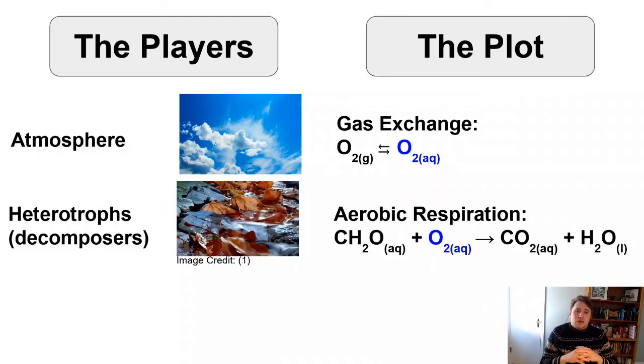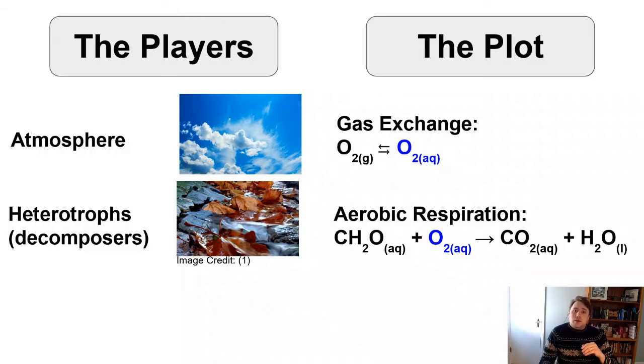The second player that we're going to consider is heterotrophic microbes, or decomposers. And decomposers perform aerobic respiration, as we've covered before, taking carbohydrates and organic carbon, such as these leaves shown in the stream here, combining those with oxygen to produce energy, carbon dioxide, and water. So this is a reaction that consumes oxygen in the water column.